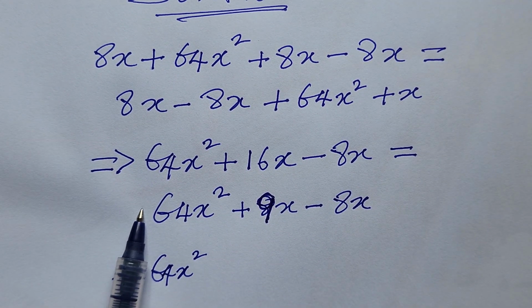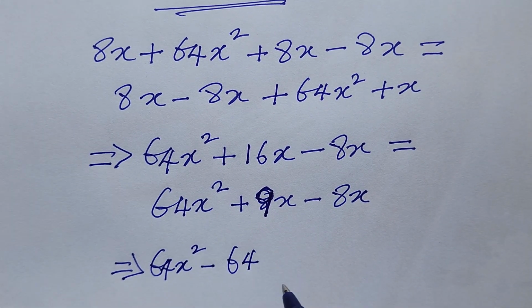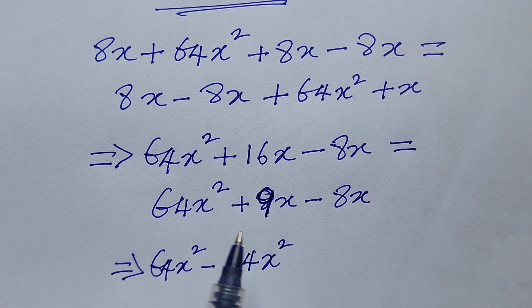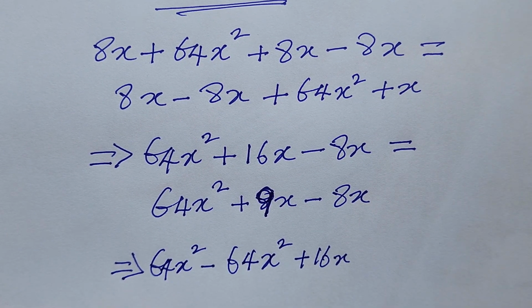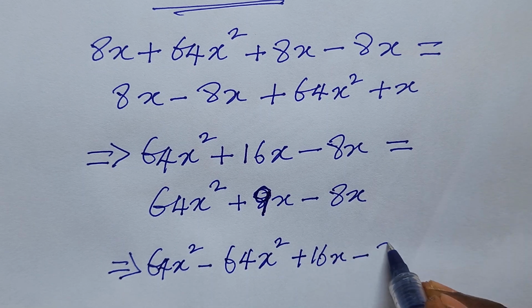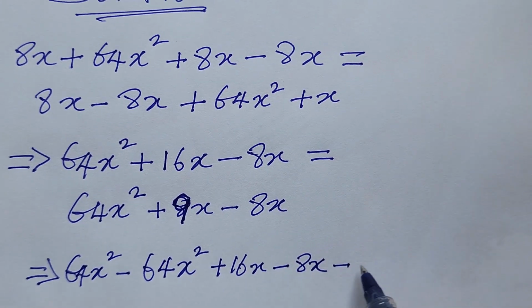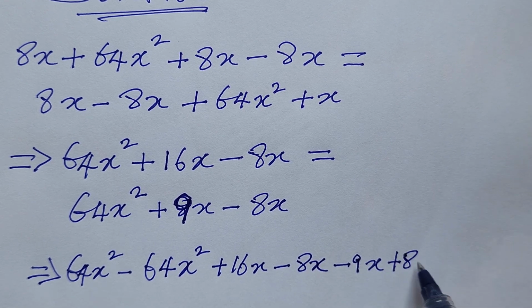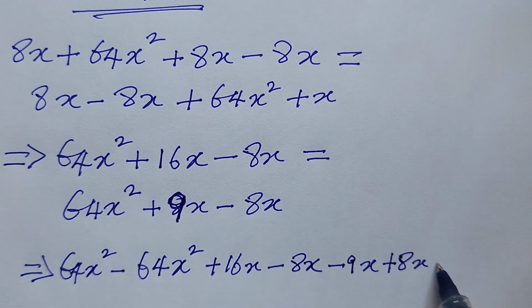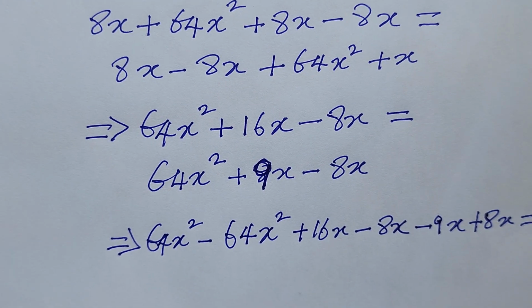Here it's having a plus sign, so it turns to minus 64x to the power of 2. Then here we have plus our 16x, minus our 8x. Then we move this to this side too to give us minus 9x, and plus our 8x, because this process turns it to plus rather.